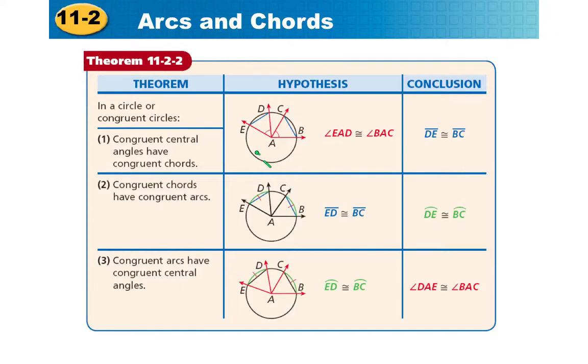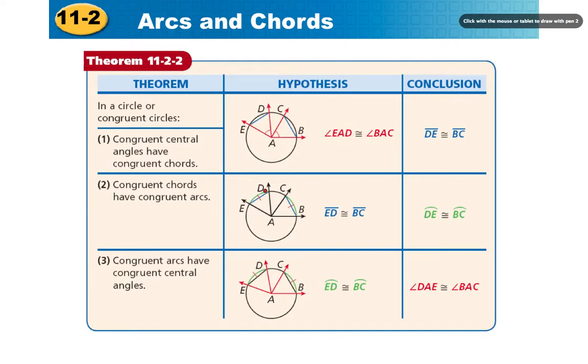The first part says that if you have a circle and congruent center angles, then the chords are also congruent. So in this case, this chord is equal to this chord, since these center angles are congruent.